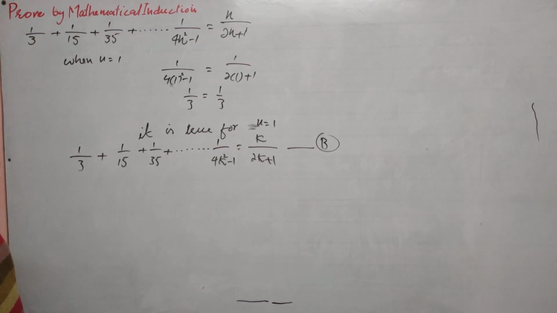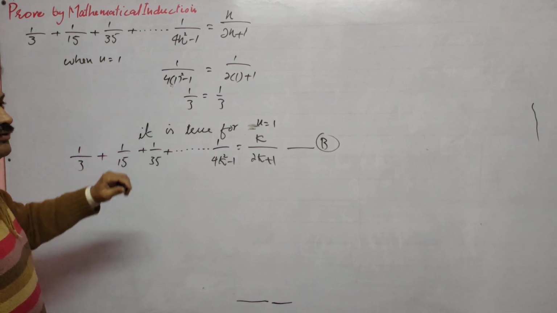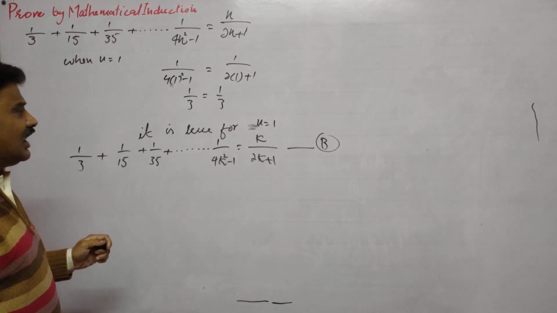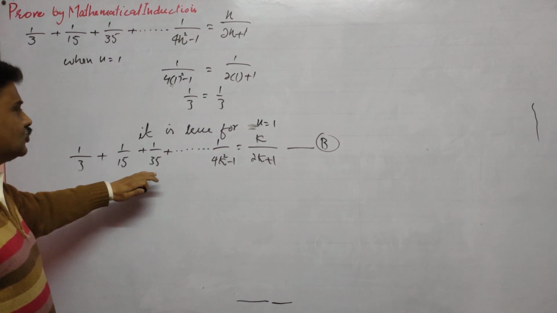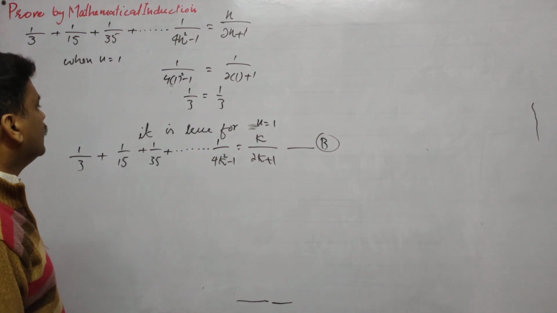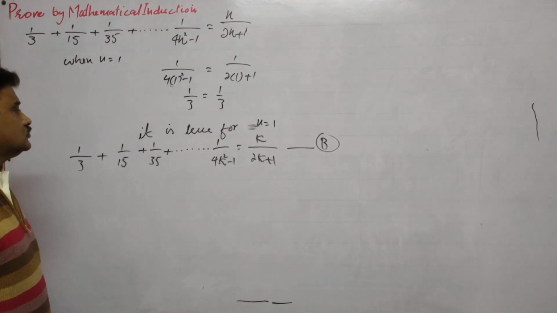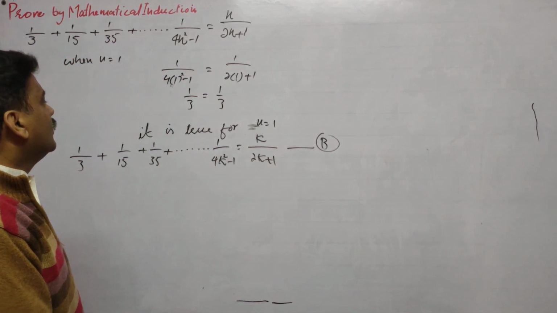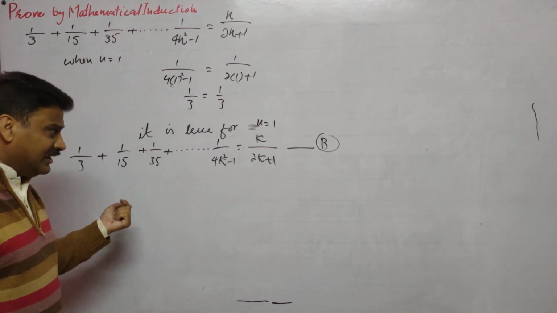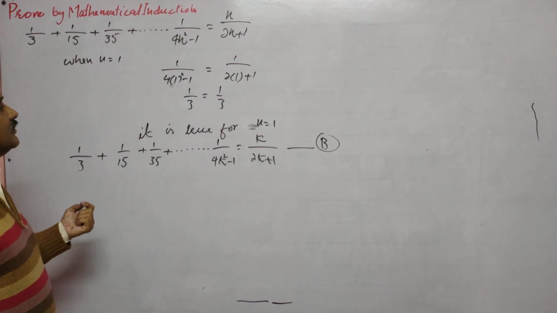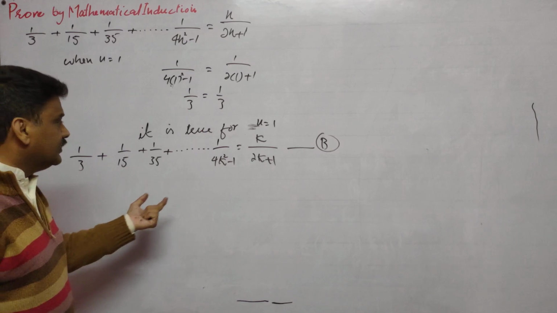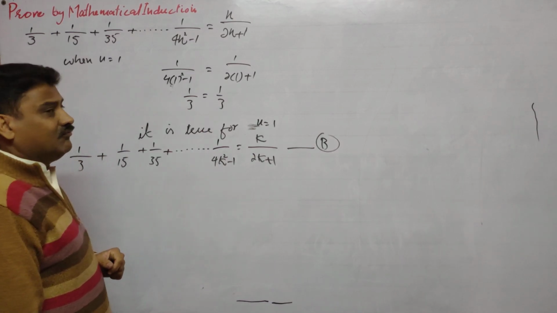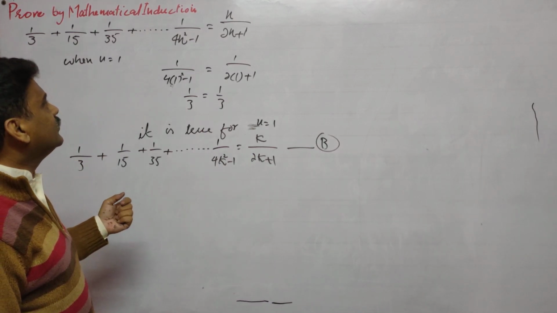In the last step, we have to prove that it is true for n equal to k plus 1 on the basis of this assumption that it is true for n equal to k. To prove this, we add an expression to statement B. What expression should we add?